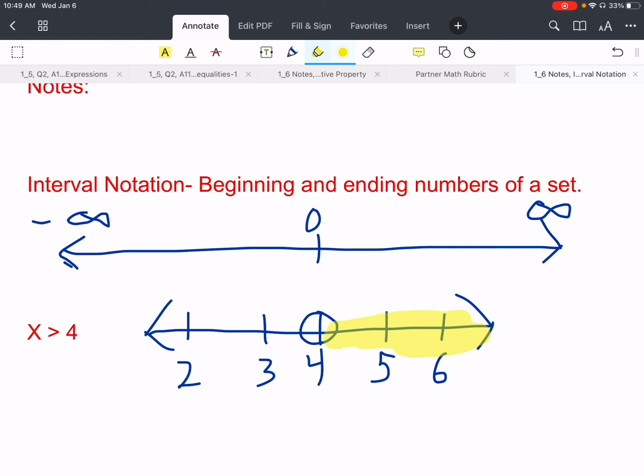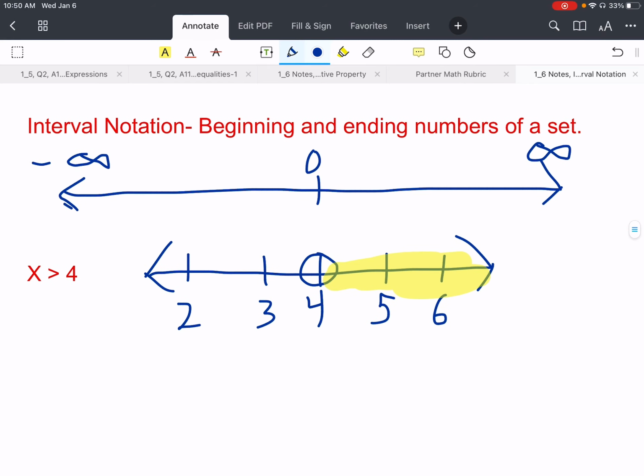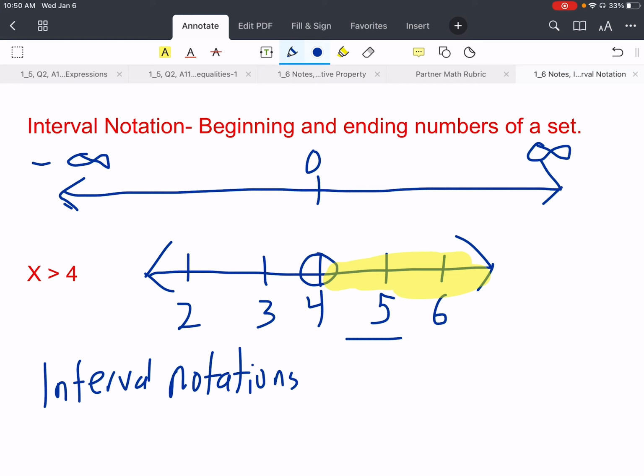We are going to now write the interval notation. So interval notation, and this is going to be covering all of the possible numbers that we can use. So our numbers are going to the right towards infinity. So our first number is going to be 4, because that is our lowest possible number.